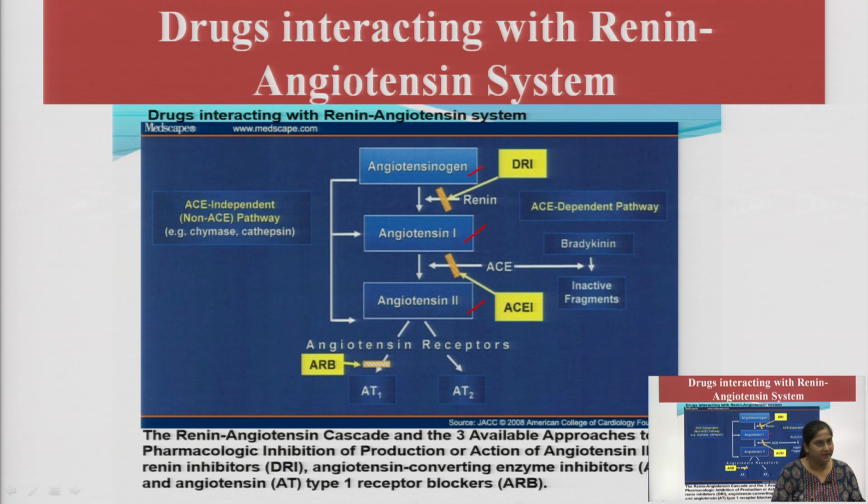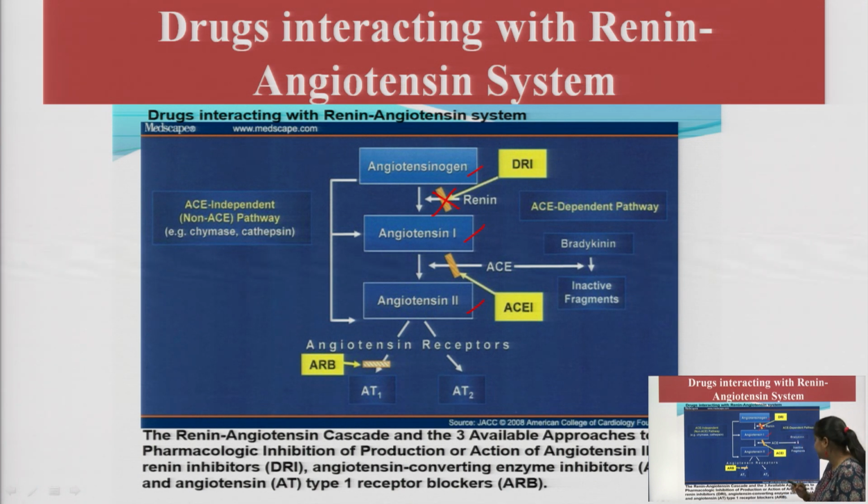When angiotensinogen converts into angiotensin, renin works here, that is the renin-dependent pathway, and renin converts the angiotensinogen into angiotensin 1. Now, if we stop the conversion of angiotensinogen into angiotensin 1, some of our problems will be solved.